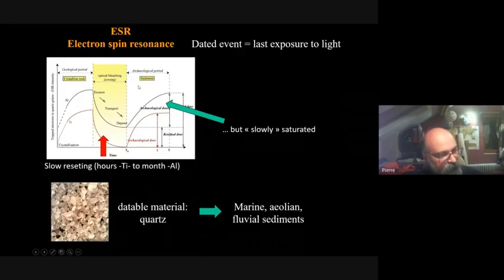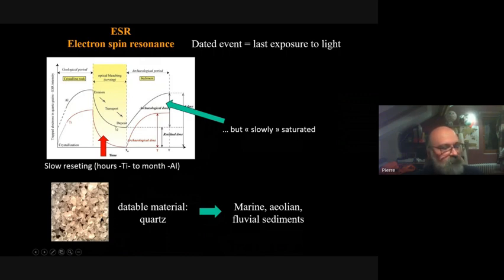For the ESR traps, we need many hours, or many months for aluminum, to be reset. It explains why it's less precise, because sometimes the zeroing, the bleaching, the resetting is not totally complete, essentially for aluminum traps.